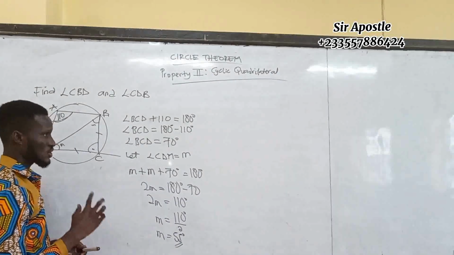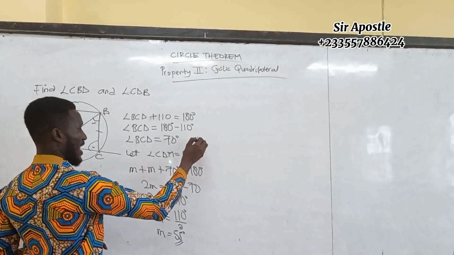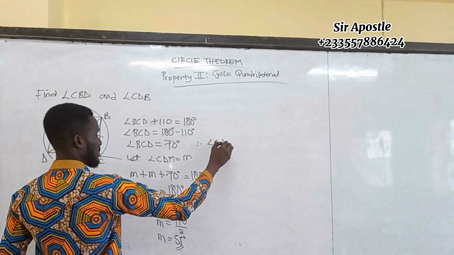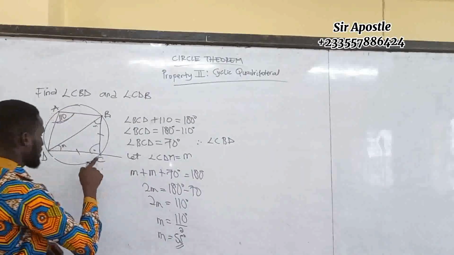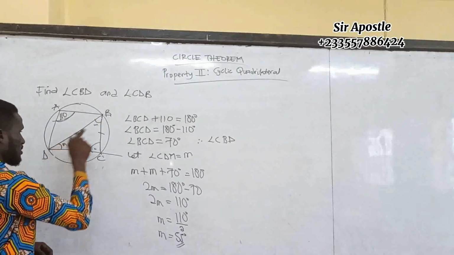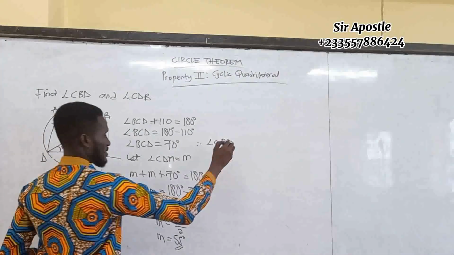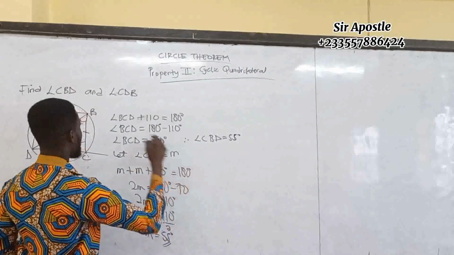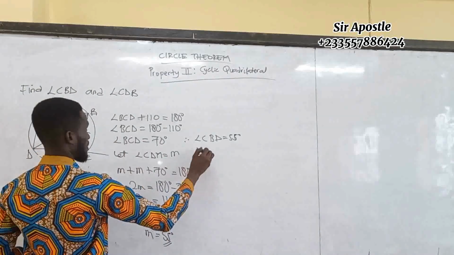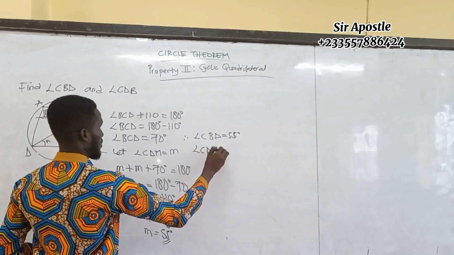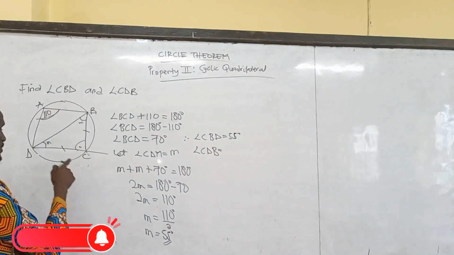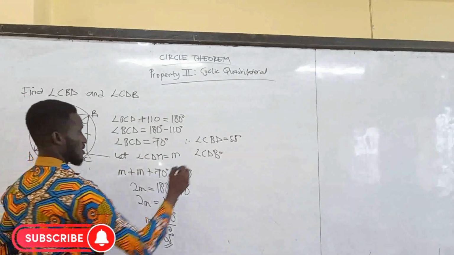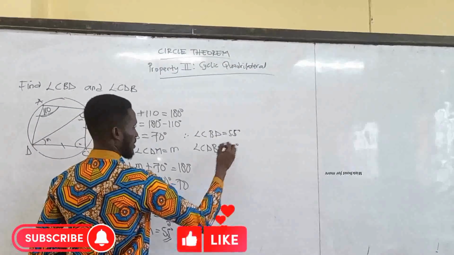Now since M is equal to 55 degrees, we can conclude that angle CBD, that is CBD here, is 55 degrees. And angle CDB, of which they are the same, CDB, that is here, is also 55 degrees.